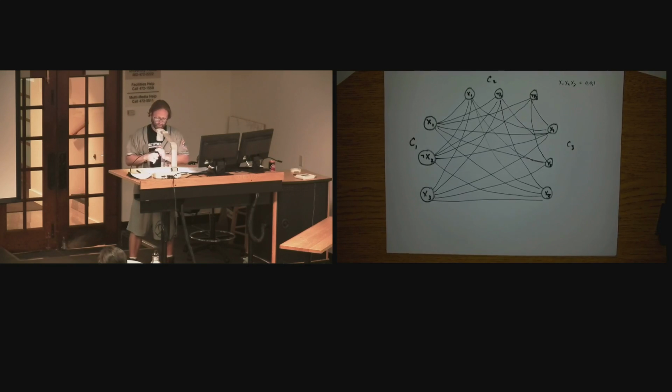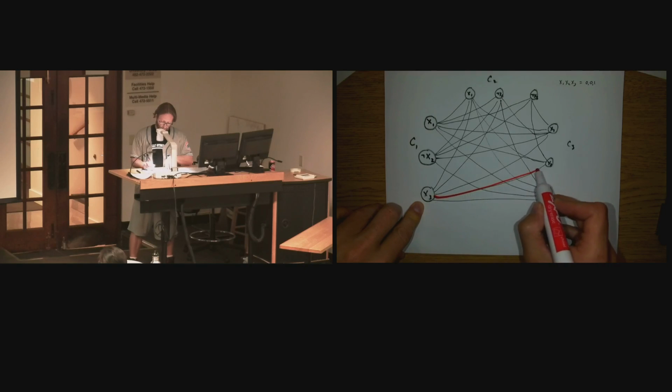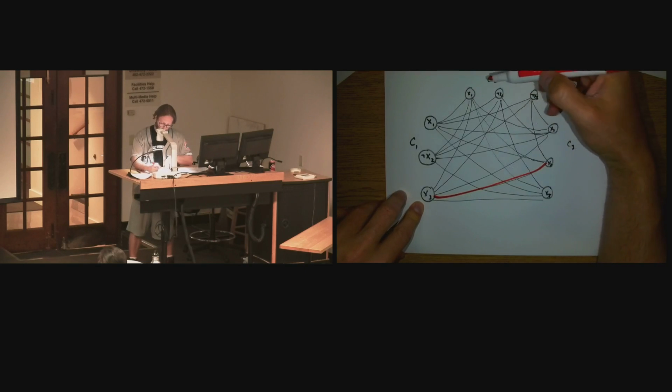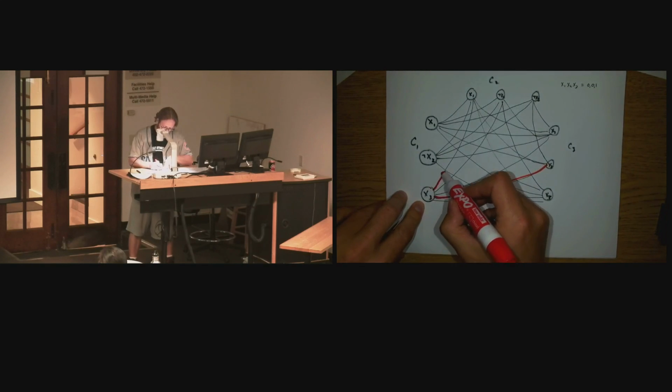Where? In C1, x3. Okay, you set it equal to true, and what do you do with it? It's connected to the x2 in C3 and the x1 in C2. x1 and C2 connected. You want to do this one right here.